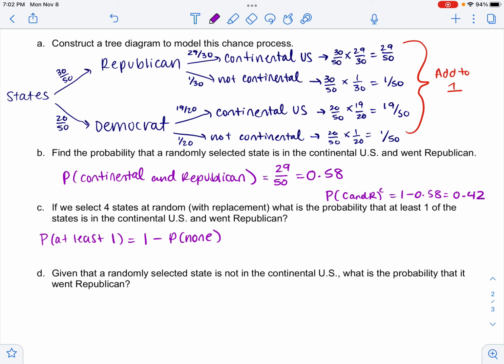So in order to find this at least one, I want to find it by doing 1 minus the probability of none. Now, this probability of none right here, ooh, that's a bad color for this.